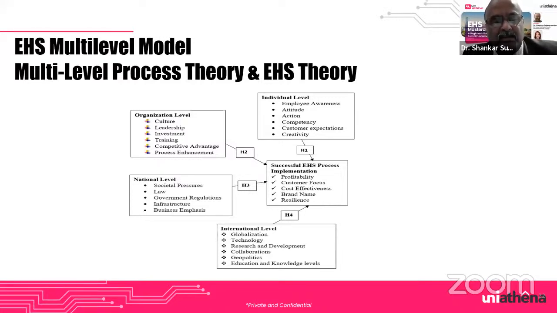At the national level, all the regulations are kept in place, and at the international level, all the factors come into place. Look at the sub factors. That's why successful EHS process implementation is called the dependent variable, and all these other boxes are the independent variables. They stand on an individual basis, but they all come together to form a final relationship with the successful implementation of the EHS program.